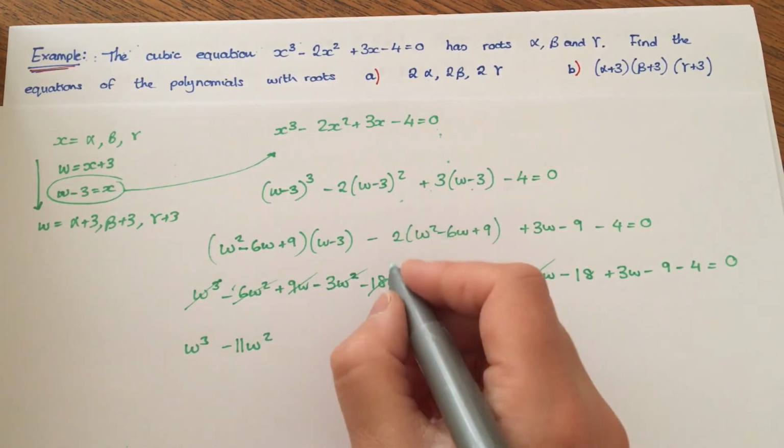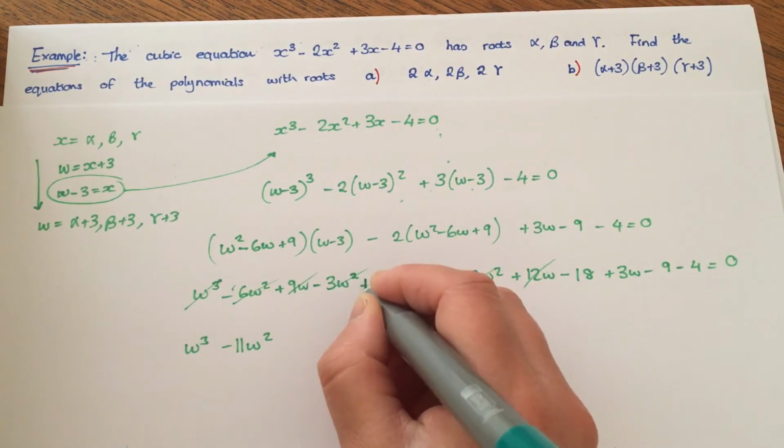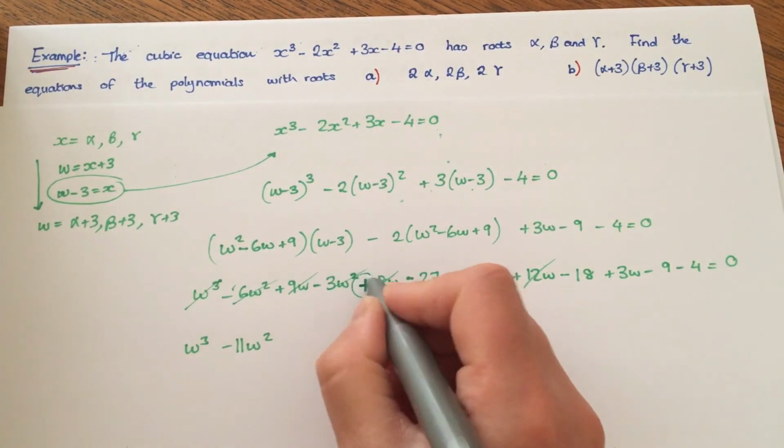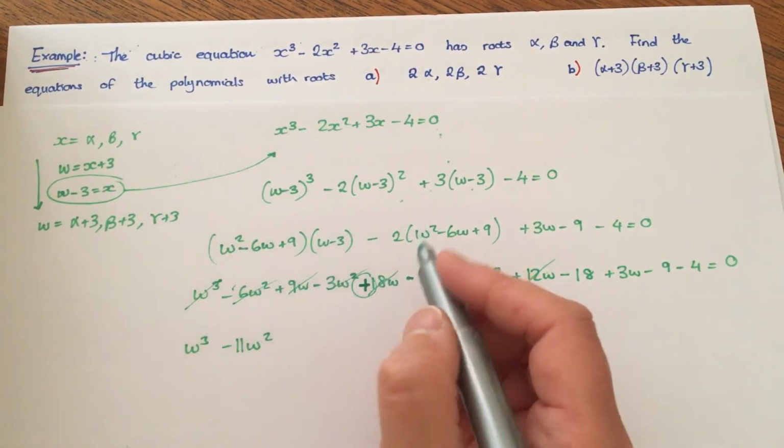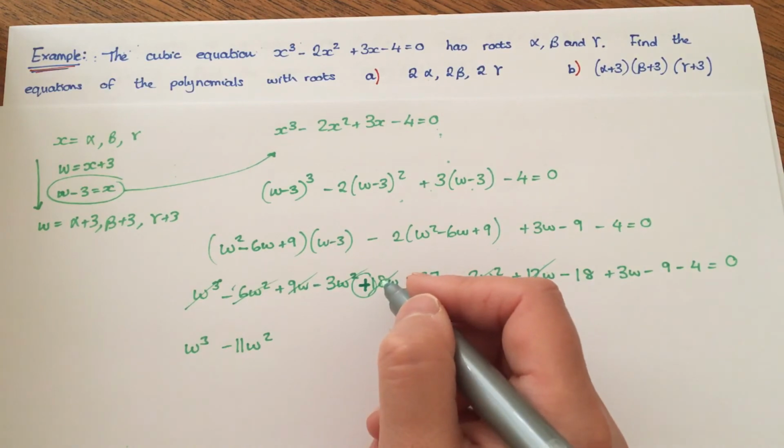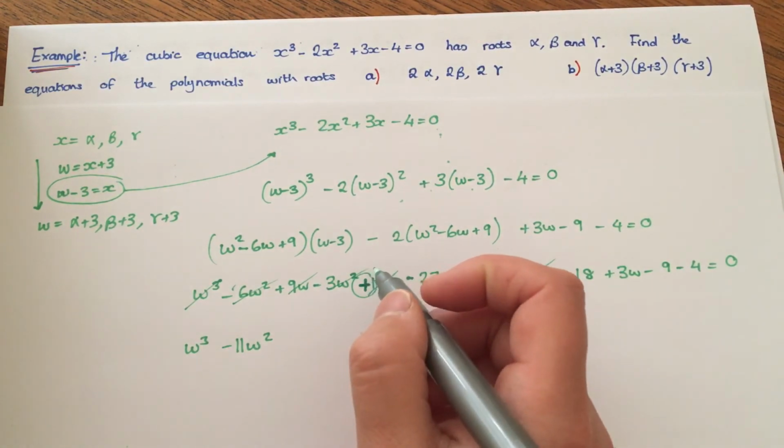Ah, look, that's what I've done. Right, really stupid sign mistake. There you go, minus 18w should have been plus 18w. Right, so sorry, everything else should be okay.